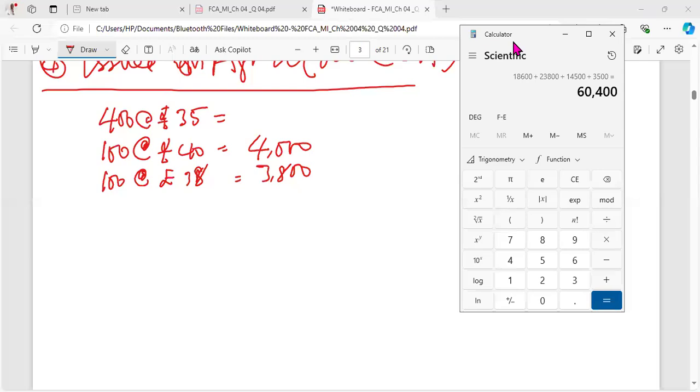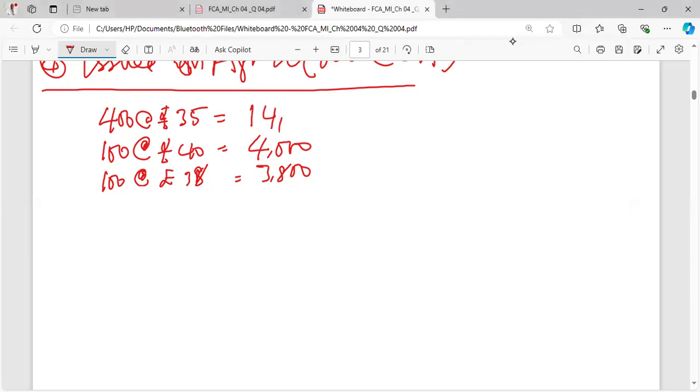400, sorry. 400 at 35. 14,000. So we have our 14,000 here. If you add 4,000, it will become 18,000.